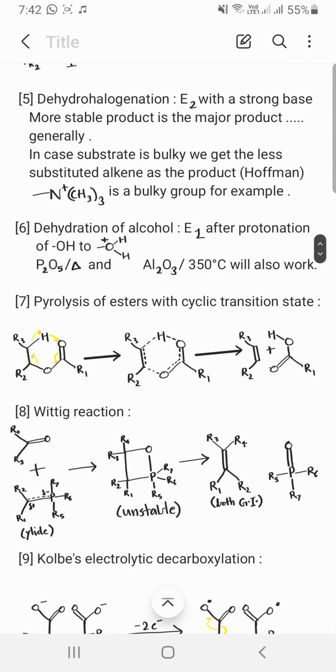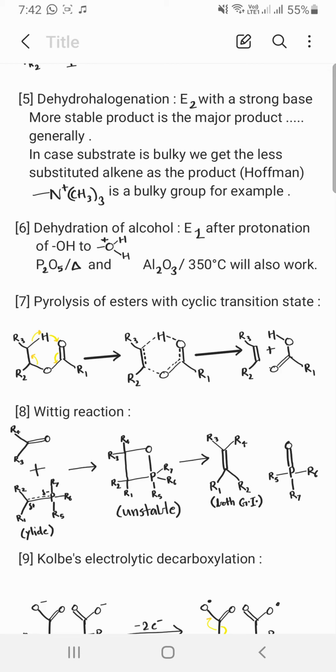Fine. Dehydration of alcohol, even after protonation of OH to this guy. Sure. So P2O5 and Al2O3, these are good desiccants, which means that these things can accept lone pairs, and it can also accept that hydrogen over there.